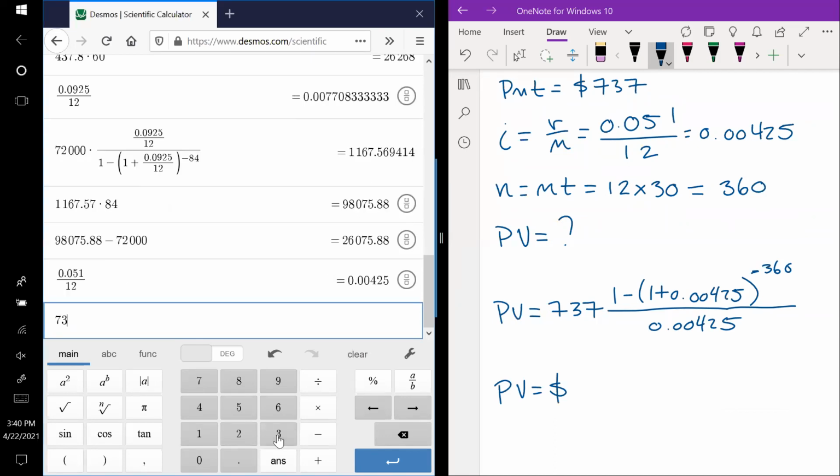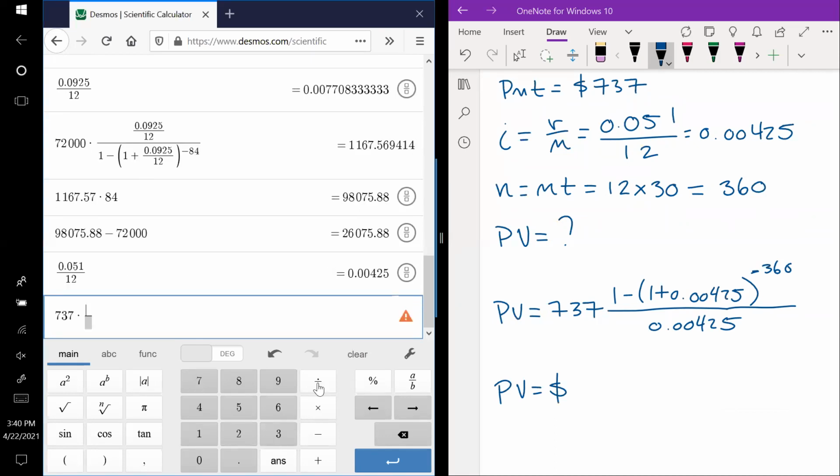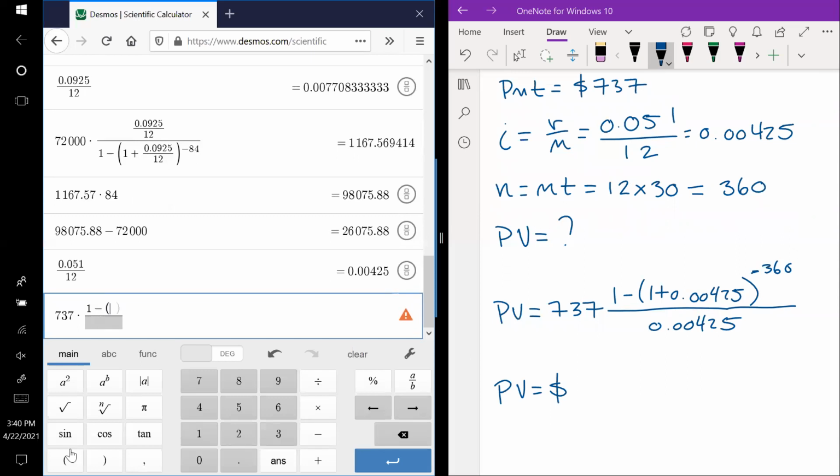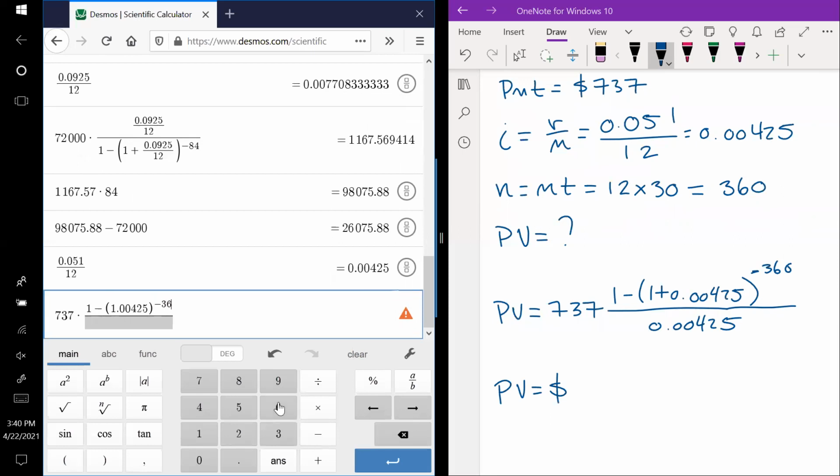Okay, so 737 times (1 minus 1.00425 raised to the negative 360) over 0.00425. And the original price of the house is 135,000.